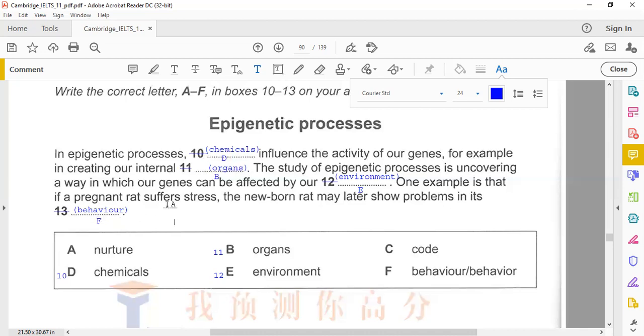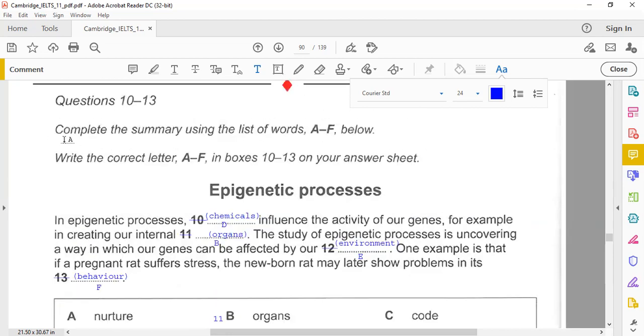So you see, we've done it. Question 10, answer D. Question 11, answer B. Question 12, answer E. Question 13, answer F. Don't write the words, only A, B, C, D as suggested. It says complete the summary using the letters A to F, so pay attention to that.